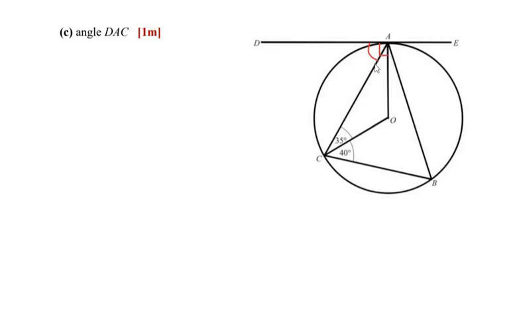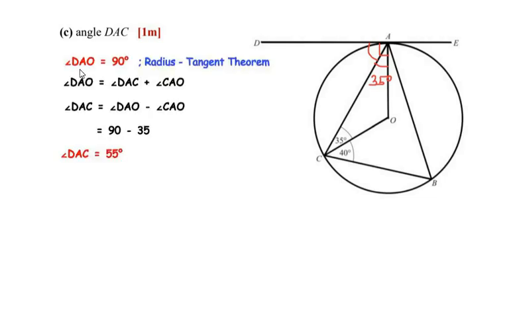And remember that we had got the value of angle CAO as 35 degrees because the triangle AOC was isosceles. So if we subtract this 35 from 90 degrees, it is going to give us the angle DAC. So here we have written angle DAO is equal to 90 degrees by using the radius tangent theorem. The angle DAO is made up of two angles, that is angle DAC plus angle CAO.